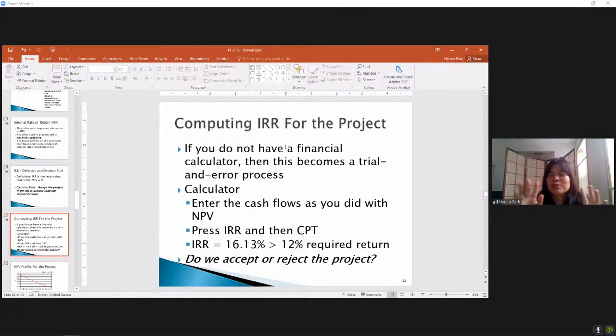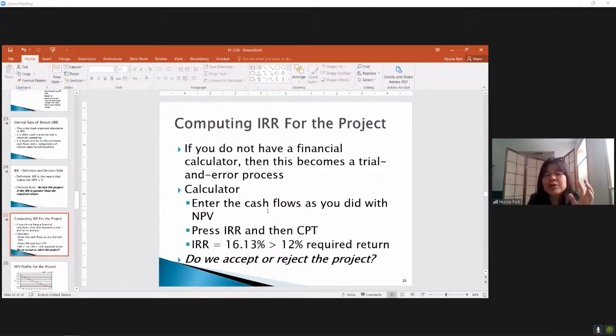It takes too long. So you enter the cash flows just like you did when calculating NPV using the financial calculator. Use the slide I presented on Monday and just choose IRR instead of NPV. That will give you the IRR calculation.